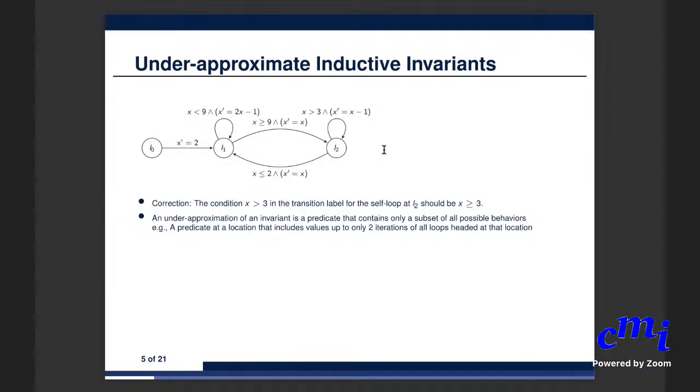Okay, if indeed you're tracking or computing that as the set of all possible values that can ever occur in loop iterations up to 2, that is an under approximation. So if you want to verify certain properties don't get violated only up to certain bounded iterations of the loops, that could be one possible reason to consider under approximation.